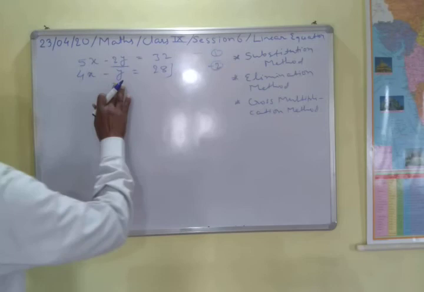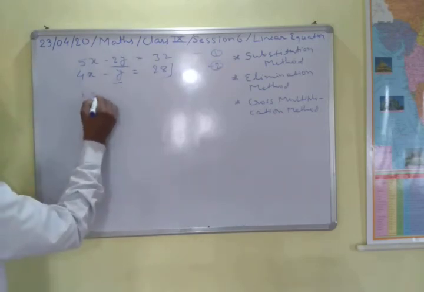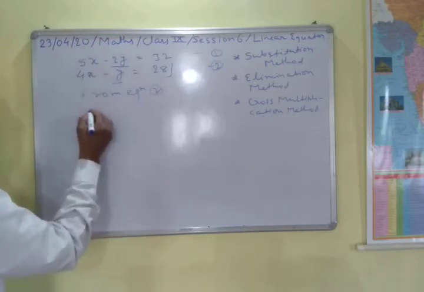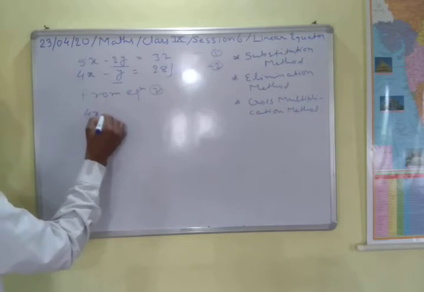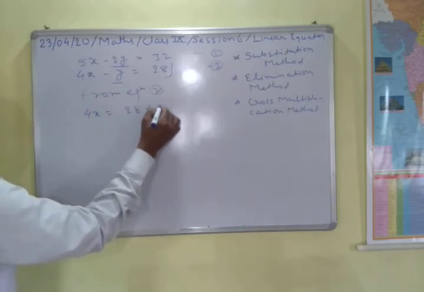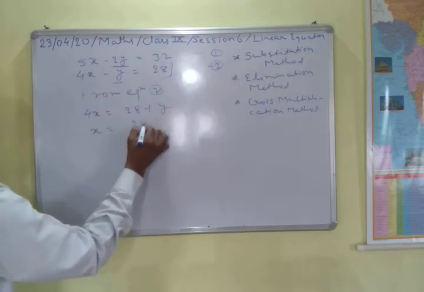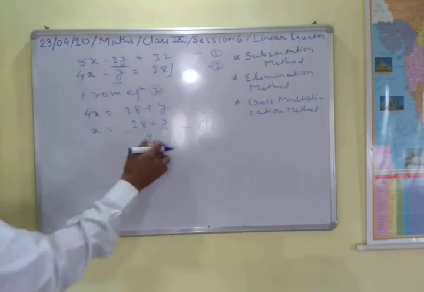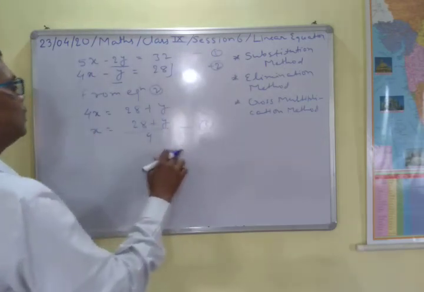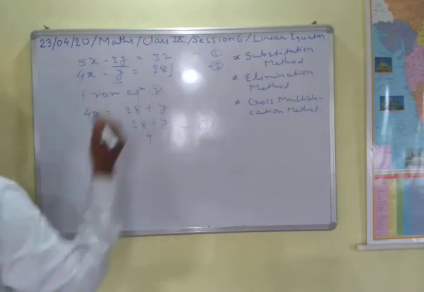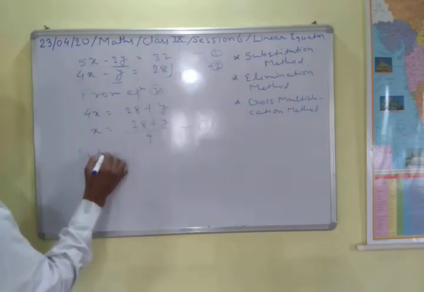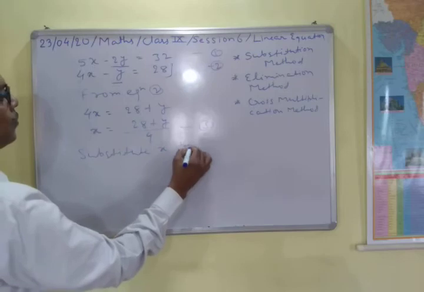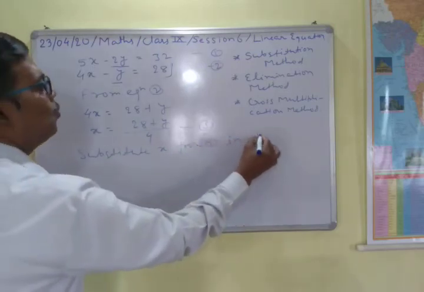So you can take any equation, suppose from equation 2. In equation 2, you will find x, suppose here, that is 4x equal to 28 plus y, then x equal to 28 plus y by 4. Okay, now here I got x equal to this, then substitute this value of x from 3 in equation 1.